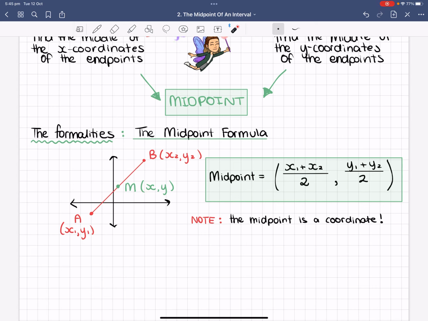So we take the x coordinates of the points A and B, so x1 and x2, add them together and divide by 2, and that will give us the x coordinate of our midpoint. And then we take the middle of the y coordinates. So we have y1 and y2. We add those two numbers together and divide by 2, and that will give us the y part of our midpoint. So again, just remember that the midpoint is a coordinate.